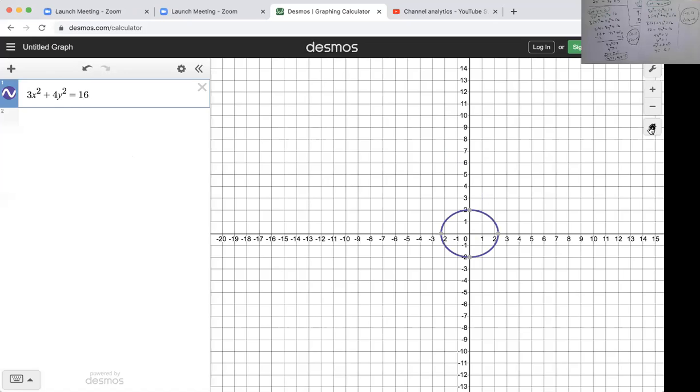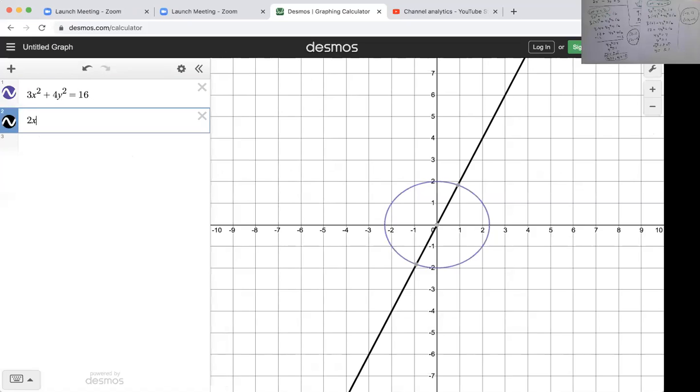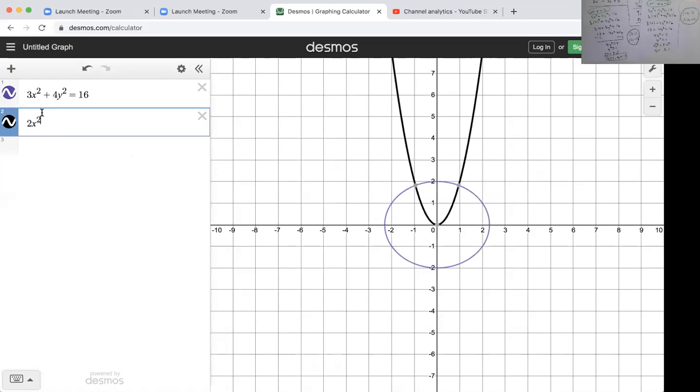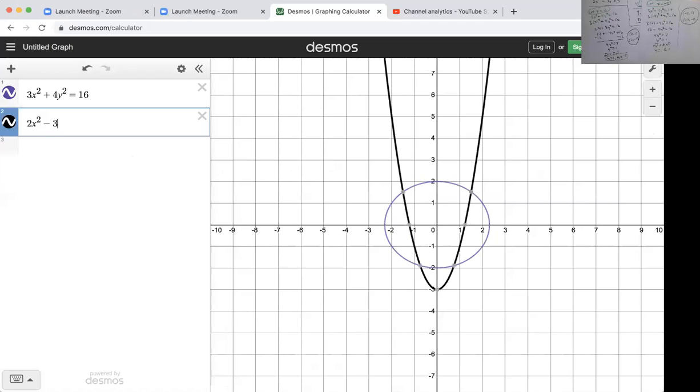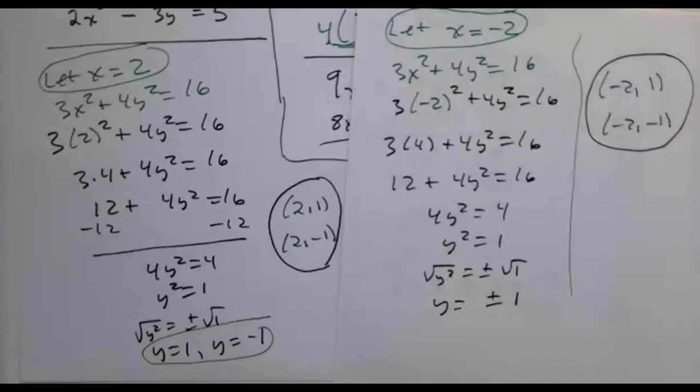And we'll go with our standard zoom here. And then our other one is 2x squared minus 3y squared is 5. And you'll notice I have 4 points of intersection. There's 2, 1, there's 2, negative 1, there's negative 2, 1, and there's negative 2, negative 1. So they all match the 4 that we had.